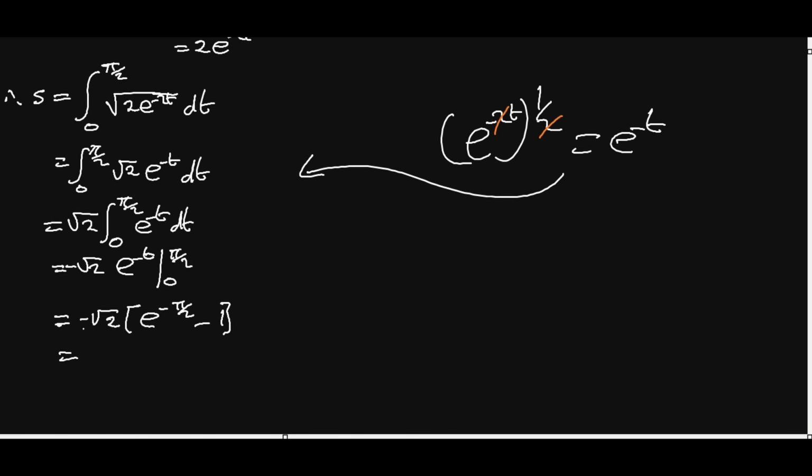We allow the minus sign outside here to be absorbed and go inside the bracket. So this will be square root 2 times (1 minus e raised to minus pi over 2). Right, so I will stop here. I think this is the answer.